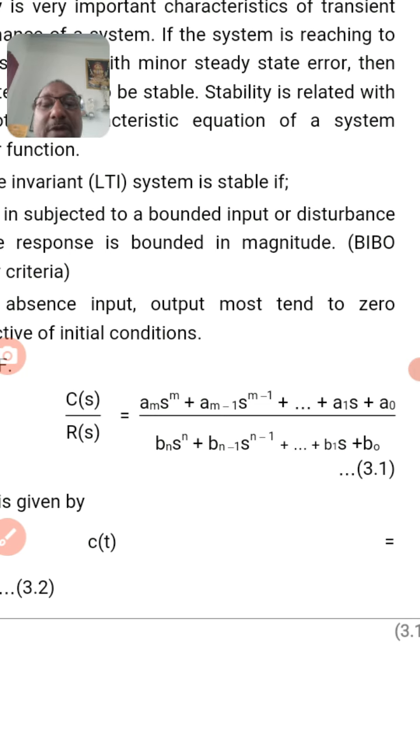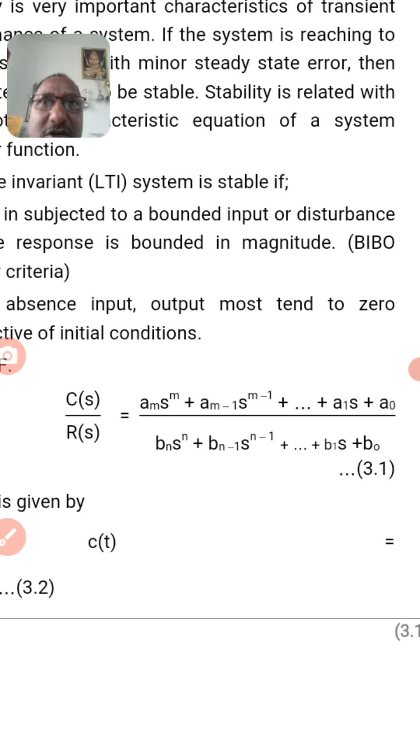The numerator parameters a_m relate to zeros in the S plane. In the S plane, S is equal to sigma plus j omega. That means on the y-axis we plot j omega and on the x-axis the real part, sigma, is considered.